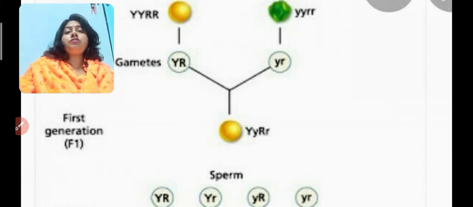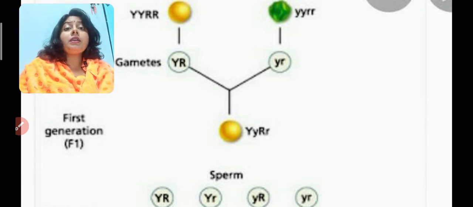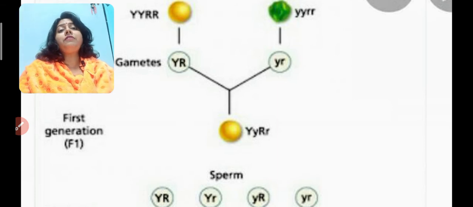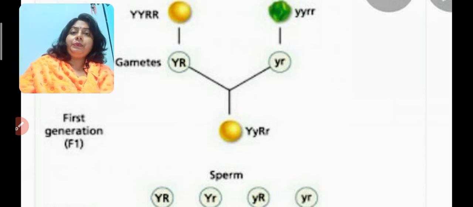Here, Mendel took two pairs of characters of the same pea plant for his dihybrid cross. The characters were the seed color, with yellow seed and green seed as the two alternating forms, and the seed texture, with the alternating forms being round seed and wrinkled seed.